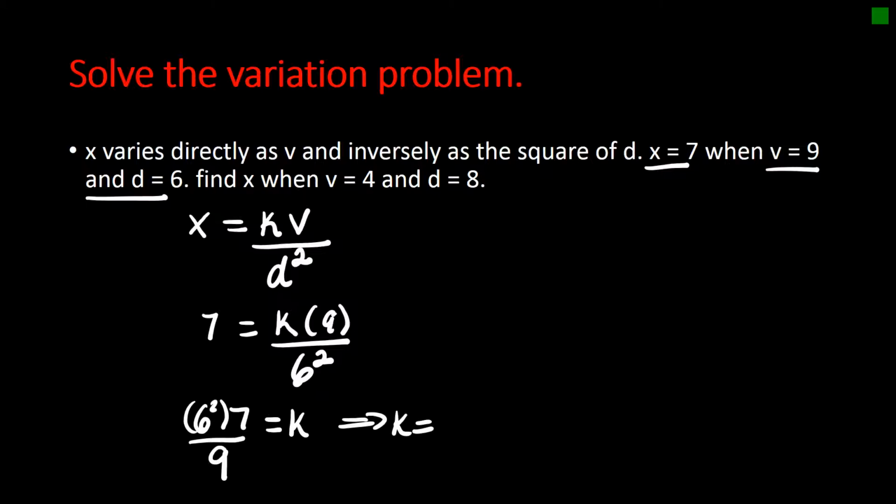And that reduces to 28. So x is going to be 28v divided by d squared.